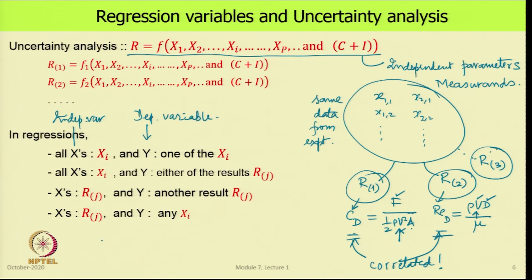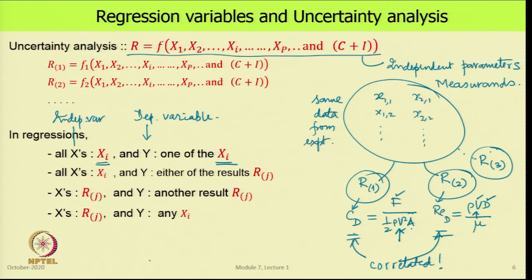And we have many possibilities over here, and we will go through some of these. The first possibility listed here is that all the independent variables are our measured parameters, xi's. And we pick up this thing and make a plot against one of these.